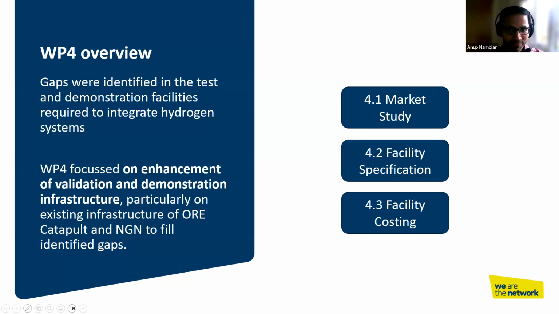And the work was broadly divided into 3 tasks within this work package. One on market study, which is like an extension to work that was already done in HyCoRe discovery, then going into facility specification and then costing. And I'll speak about all the 3 tasks in a bit more detail in the following slides.